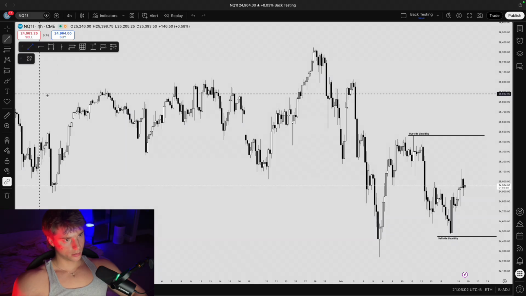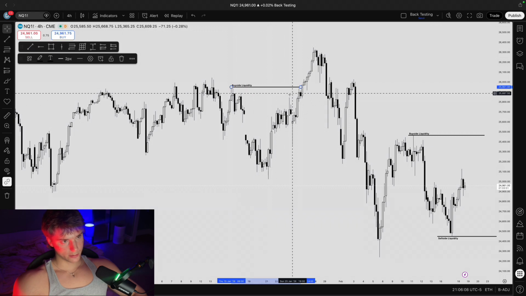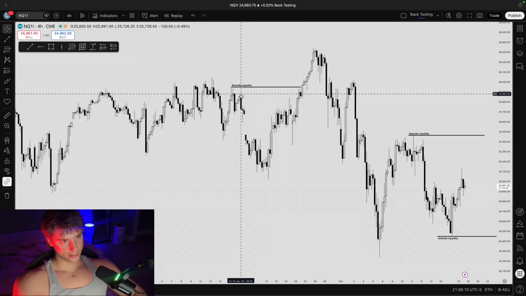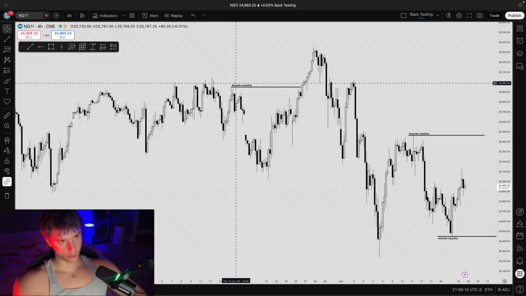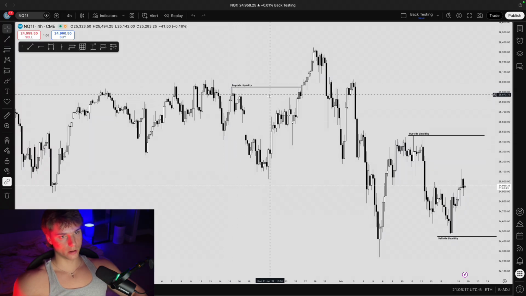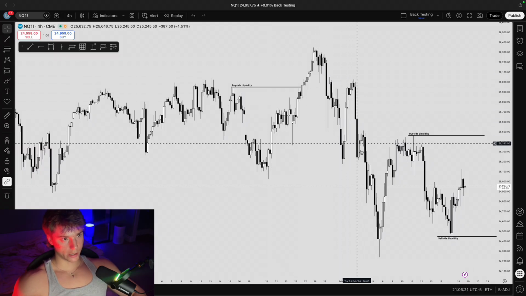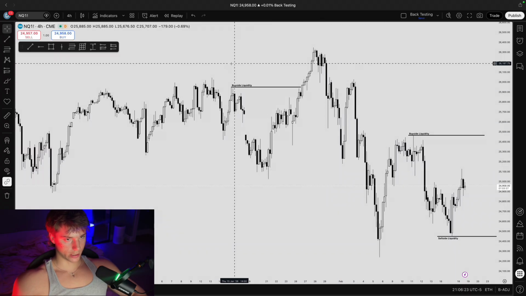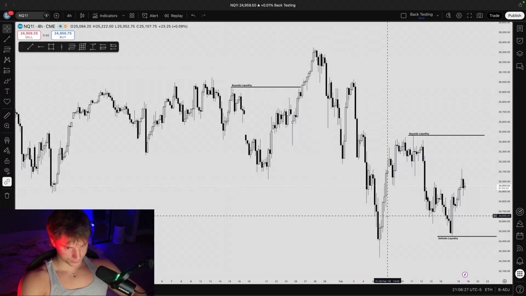So right here, for buy side liquidity, you can see these two highs are relative, making this a strong buy side liquidity on a higher time frame. Takes it out and market dumps. Why? Institutions get in right here, say the market's going to go lower, and then price drops.